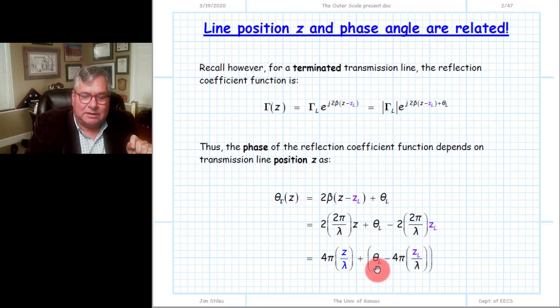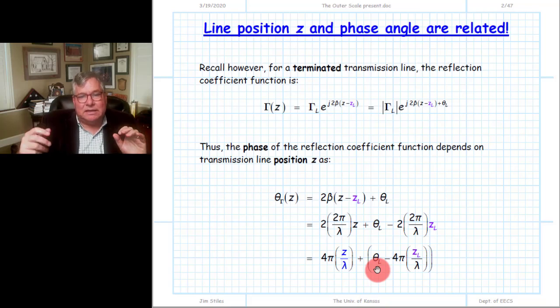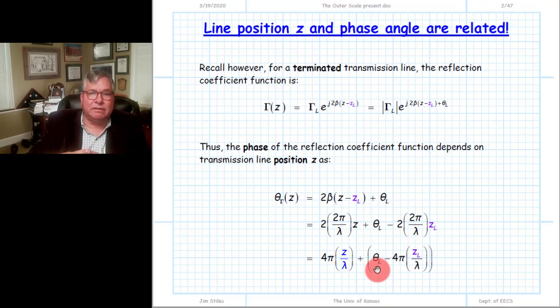What term doesn't disappear, however, is this theta L. And theta L, remember, is the phase angle of the load reflection coefficient. It depends on what's attached to the end of the line.